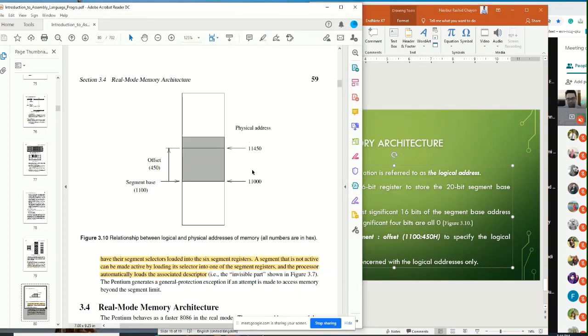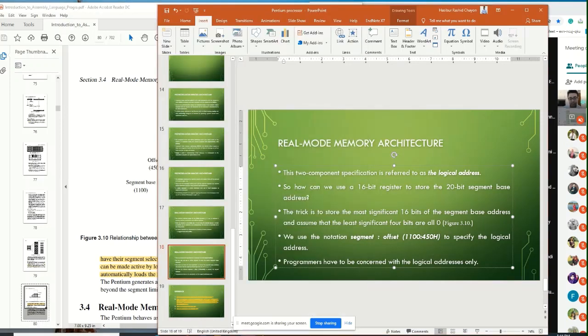You can find it easily, because the left side is the logical address and the right side is the physical address of the memory. That is one of the reasons it is called real mode memory architecture, because there are real memory locations, that means the original physical memory locations.